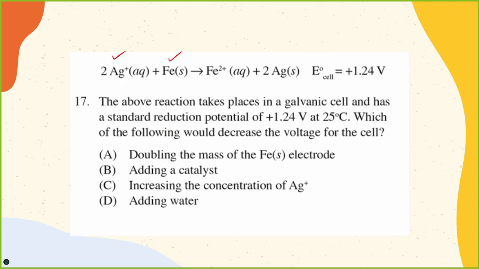And then adding water is going to decrease the concentration, I guess, of both. So decreasing the concentration of your reactant would decrease your voltage. It doesn't say which side we're doing it to, so I don't know.